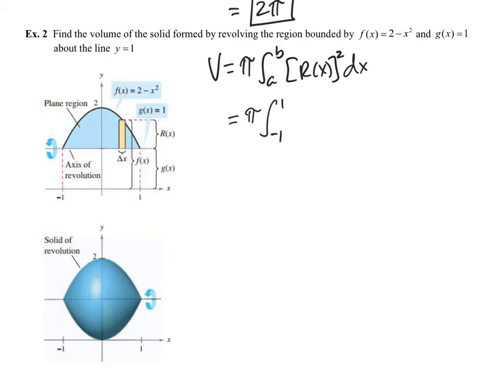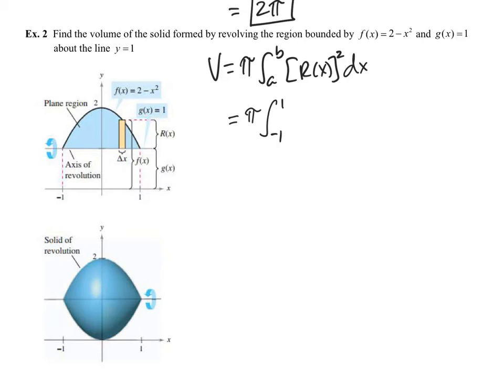And now let's talk about this r of x. Remember, r of x would be the height of this representative rectangle, or after the rotation, it would be the radius of a right cylinder, or the radius of a disc. So let's talk about how we would find r of x.